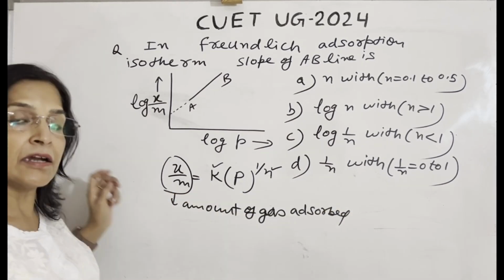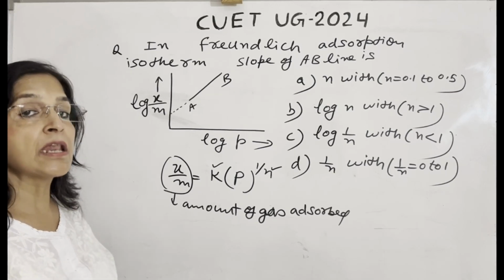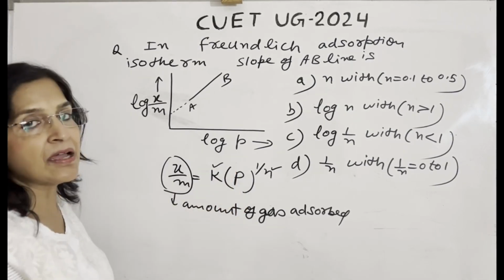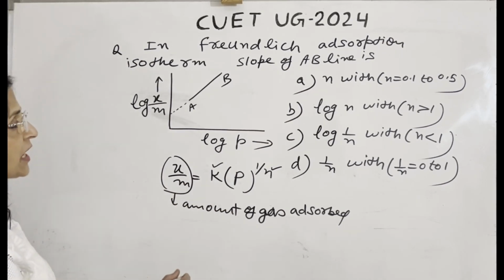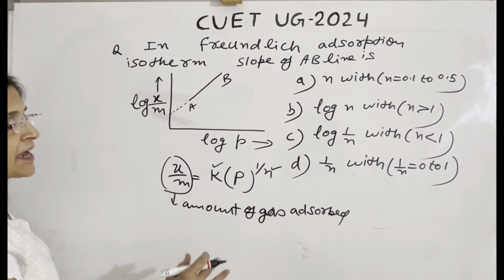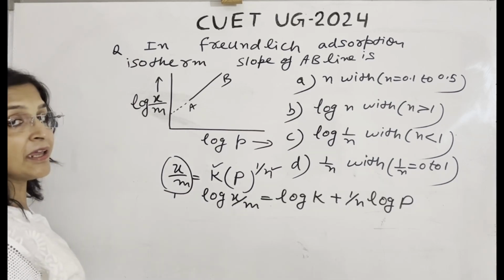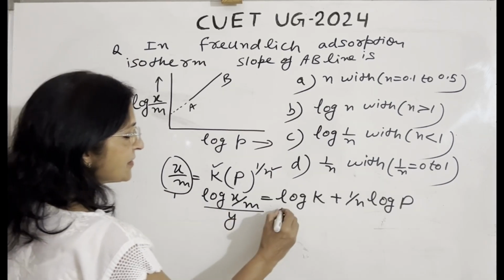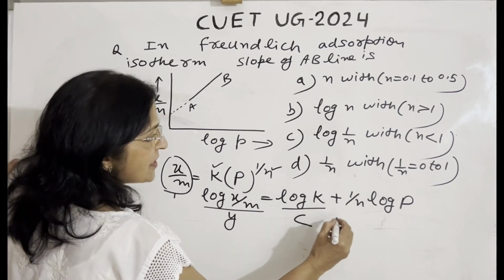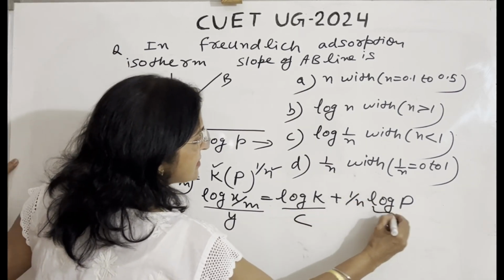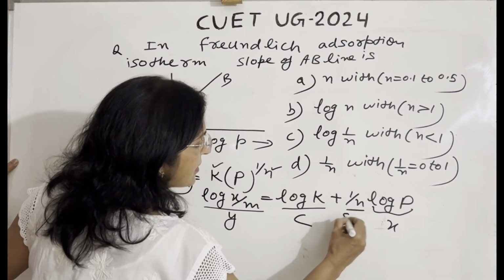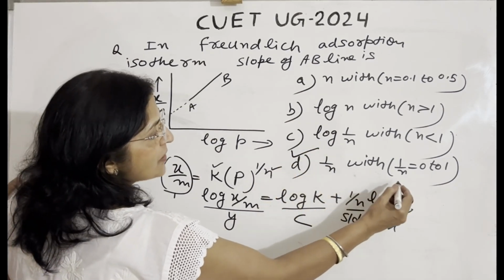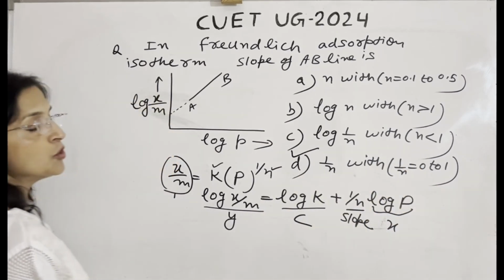K and n are the constants, depends upon the nature of adsorbate and adsorbent, and P is the pressure. Now we will take log on both the sides of this equation. On taking log both the sides, the equation becomes this. This is y, this is constant, and this is x, and this is the slope of the line. So this will be the answer, and the value of 1 by n lies between 0 to 1.